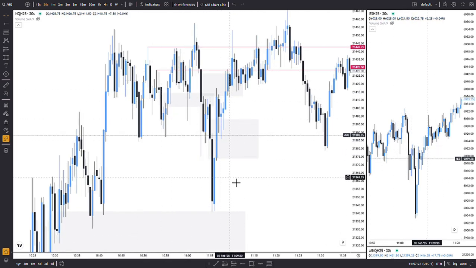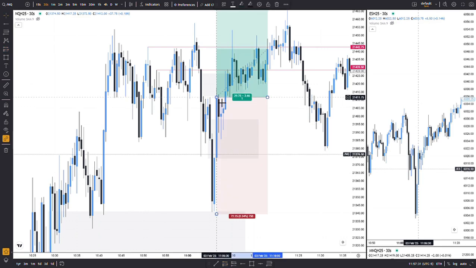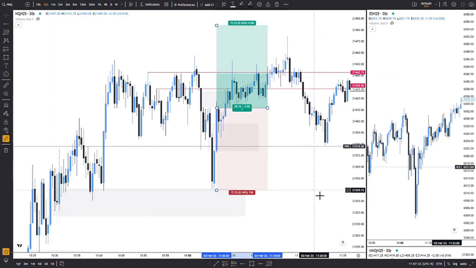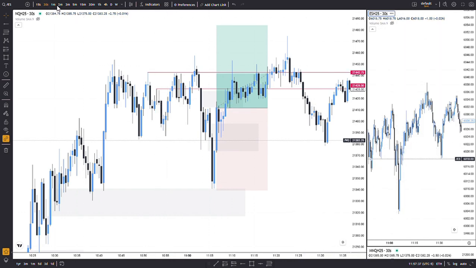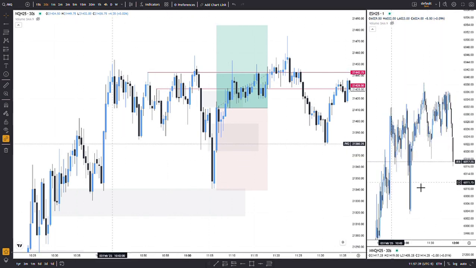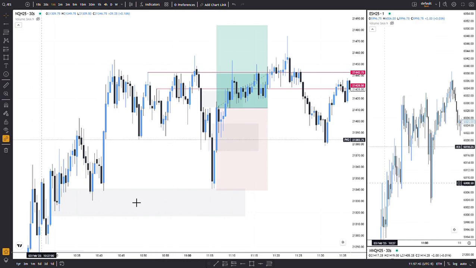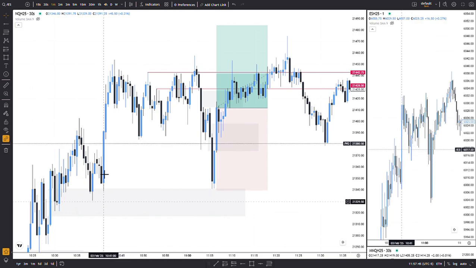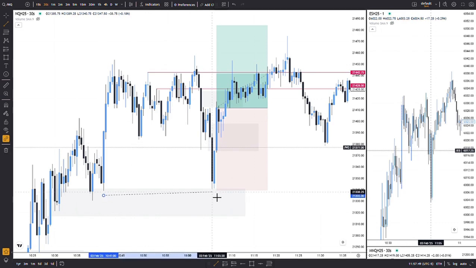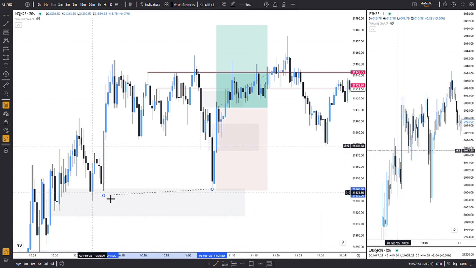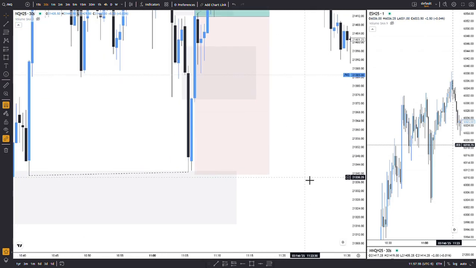Then we came down and we saw this one, which was a little bit better. If I remember, we had an SMT, right? Yes, we had an SMT right here, which made it better, really better. But it still wasn't.